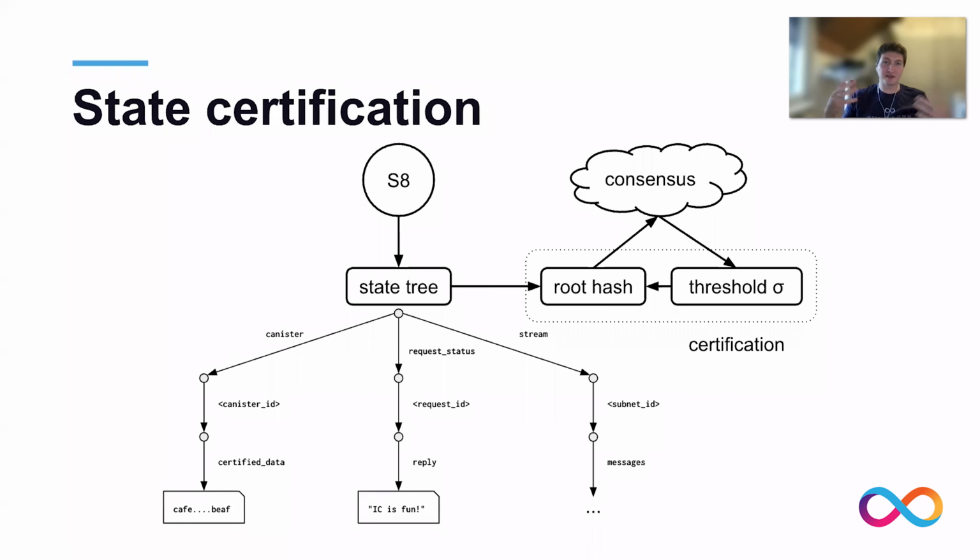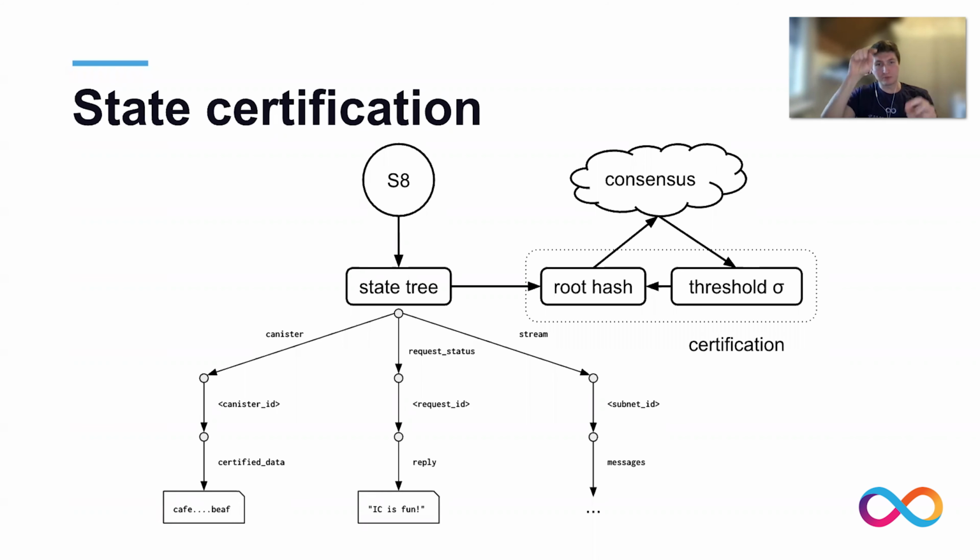So we represent the state. Internally it's just some complicated data structure, but we construct a different view of this data structure according to the specification. The view is a tree, and you can think of it as more or less like a JSON object.